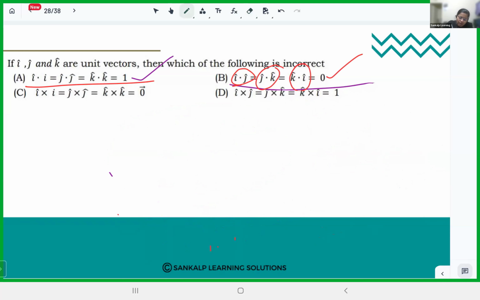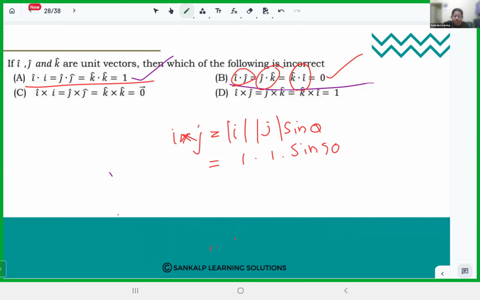Is that true? i cross j is equal to magnitude of i into magnitude of j into sine theta. So this is equal to 1 into 1 into sine of the angle between i and j, which is sine 90.